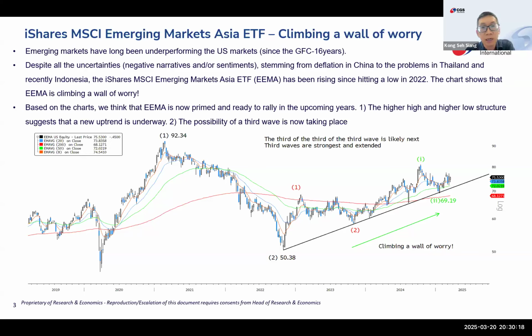You can see that the EEMA, which is the Emerging Markets Asia ETF, is actually rising since hitting a low in 2022. So to me, it shows that the markets are actually doing something else while the news and everything are very, very negative.